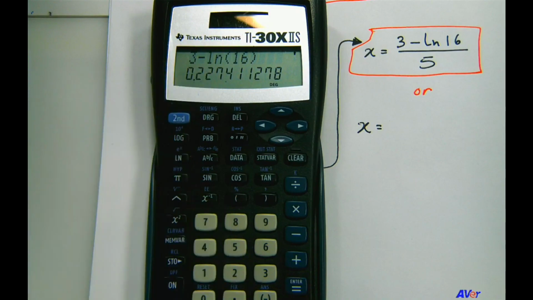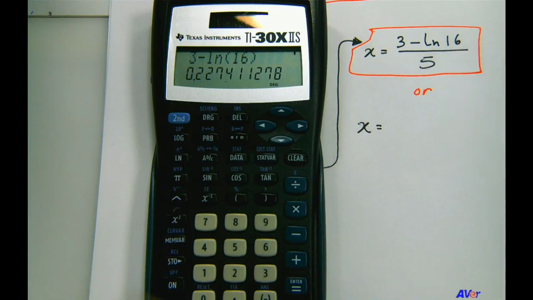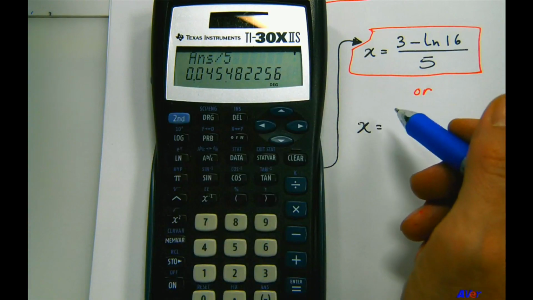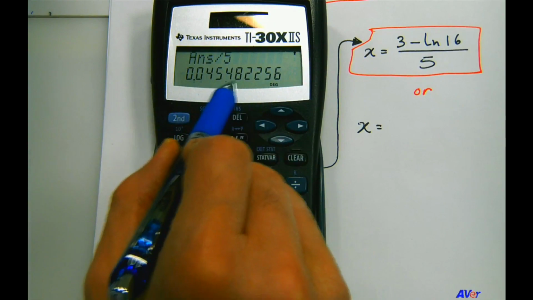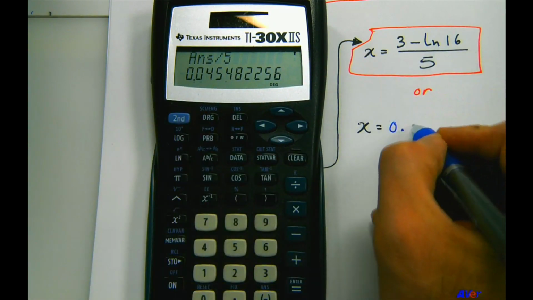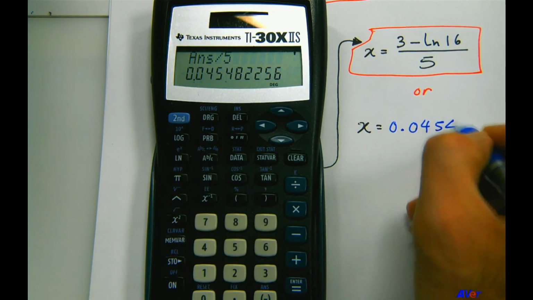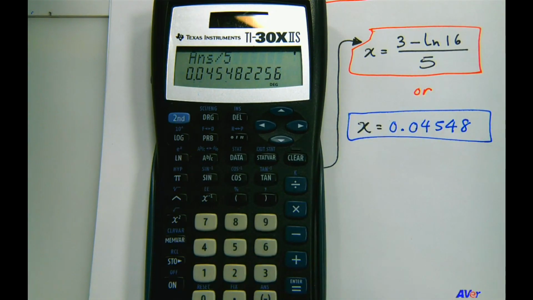That's that number, divided by 5, right? Divide that by 5. We get that. So that's a small number, and this is a natural log expression we're solving x for. So I'm going to keep all the way to at least 8. So x equals 0.04548. That's where I'm going to stop. Like that. So I kept 5 decimal places.